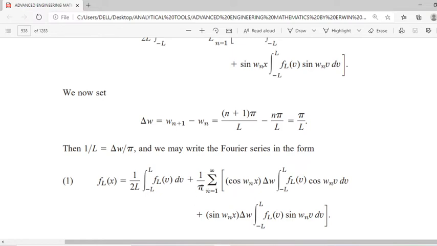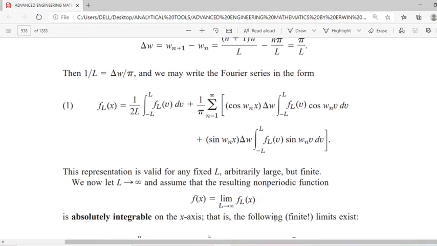So 1 by pi into summation n from 1 to infinity cos Wn x, that is already there. Delta W comes from the substitution of 1 by L. So then integral minus L to L fL of v cos Wn v dv plus sin Wn x delta W by pi. So 1 by pi is taken outside and delta W kept here, integral minus L to L fL of v sin Wn v dv.